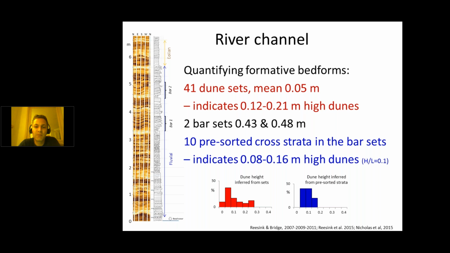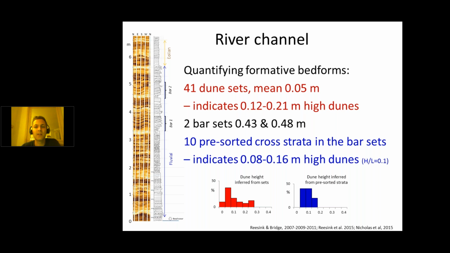They have pre-sorted cross strata in them, and those pre-sorting patterns are generated by superimposed bed forms and can be used to interpret the size of the superimposed bed forms. If you use a fixed height-length ratio of about 0.1, it indicates that the superimposed dunes were about 8 to 16 centimeters in height.